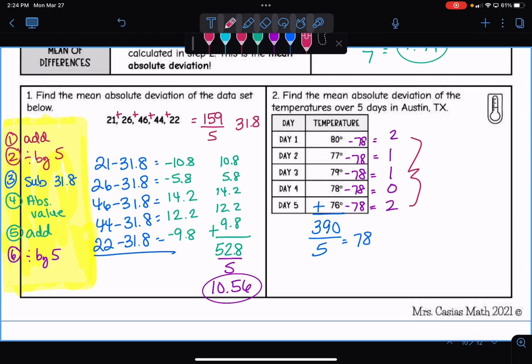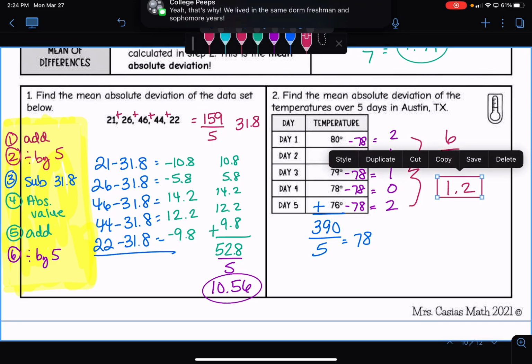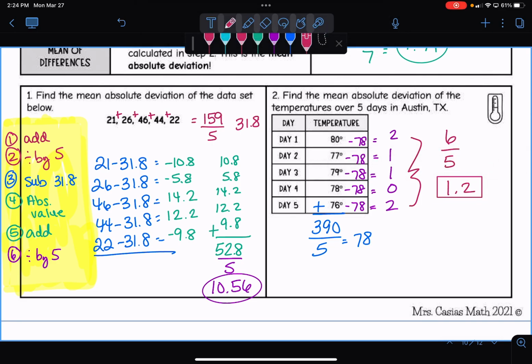I said I was taking out the absolute value step because I knew I'm changing it. 6 over 5. You don't have to show that extra step, but you have to always use the positive. Why do we do 6 over 5? Well, what's 2 plus 1 plus 1 plus 2? Okay, and there's 5 numbers. And the answer is 1.2.